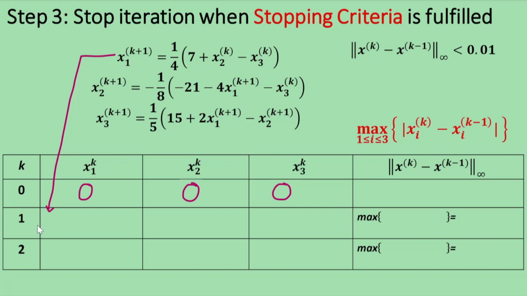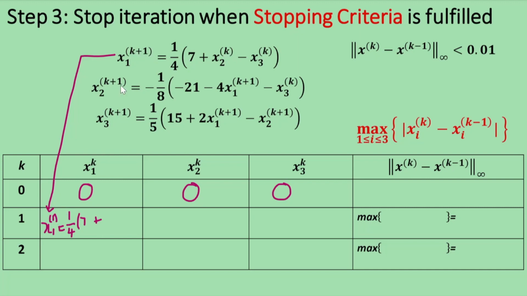Okay, so we have x1 of 1 as 1 over 4 multiplied by 7 plus x2, k would be 0, right?